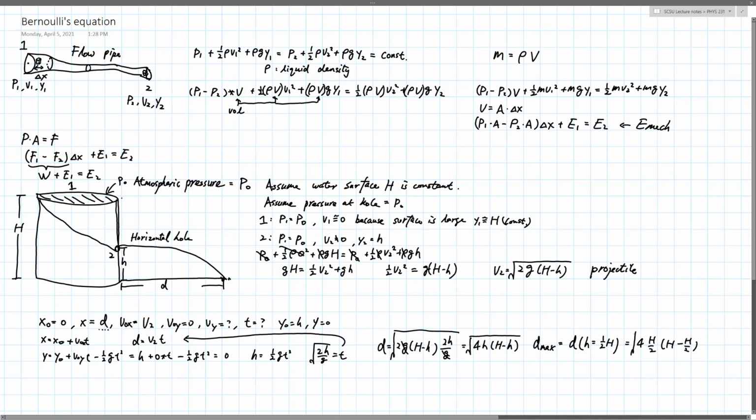That's a half H, that's a half H, so the halves times the 4 give us H squared, so d is equal to H. That's kind of weird: the height of the water surface is the maximum distance that the water jet can travel. All right. Thank you so much.